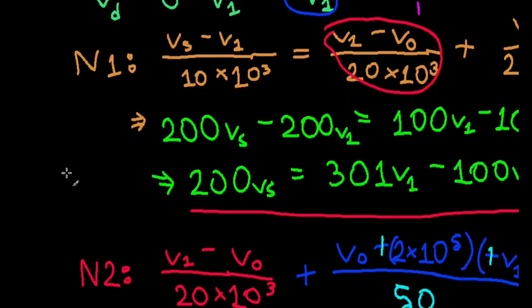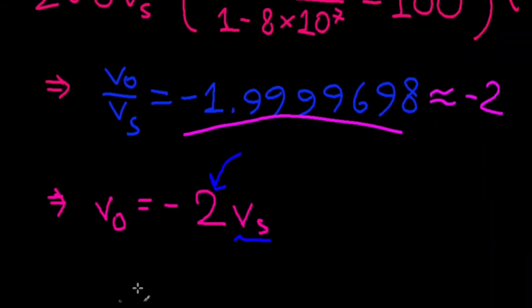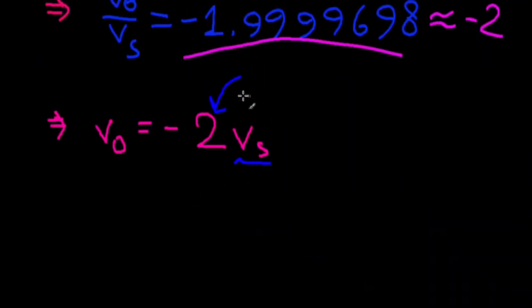So it should be pretty apparent that your op amp is actually doing an operation. It's taking your supply voltage and doing an operation on it. It's multiplying it by a constant which is minus 2, so reversing the polarity and multiplying the magnitude by 2.